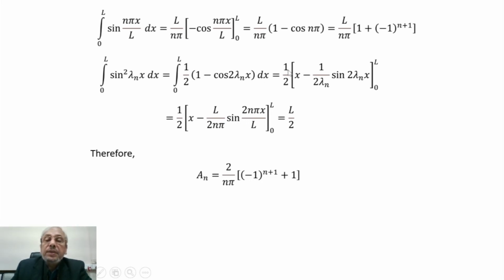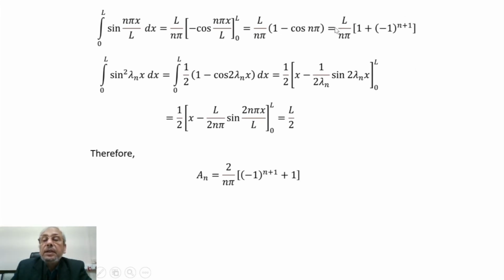If we perform the integral, half x minus 1 by twice lambda n sine twice lambda n x, and we have to substitute this upper limit and lower limit. Having substituted this upper limit and lower limit on x minus L by twice n pi sine twice pi x divided by L, we get L by 2.